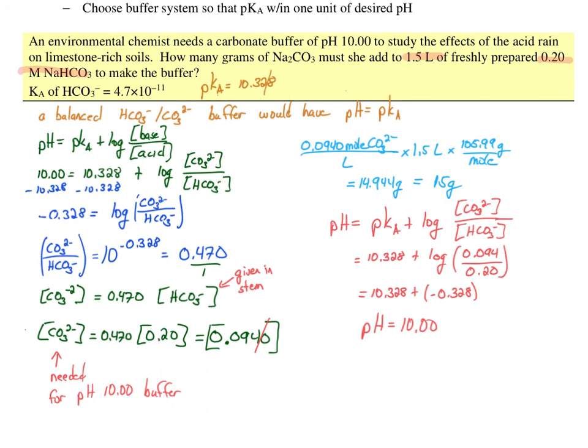And then we're able to calculate the desired concentration, and from this desired concentration could calculate the actual amount of sodium carbonate that needed to be added to 1.5 liters of 0.2 molar bicarbonate in order to achieve the buffer.